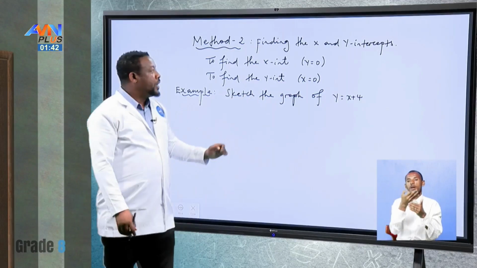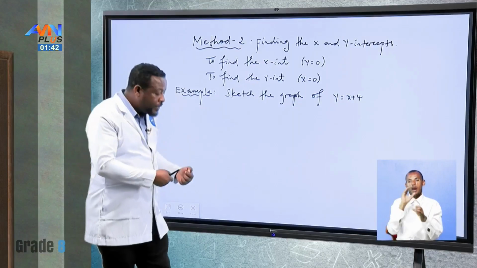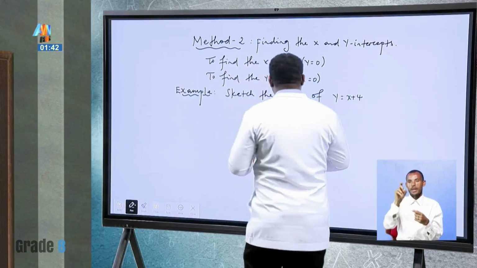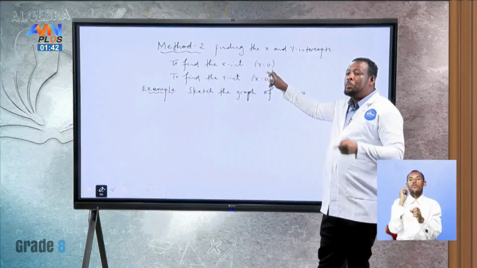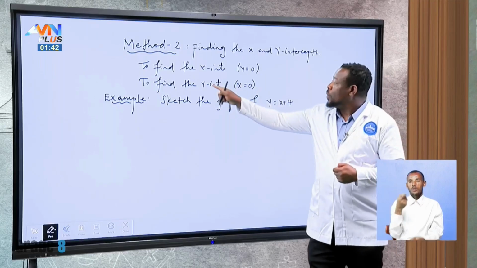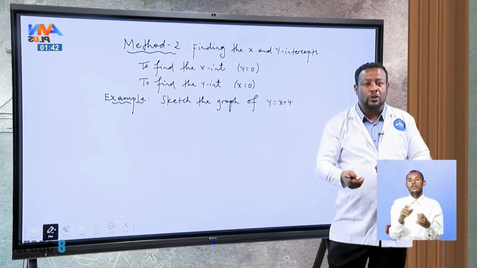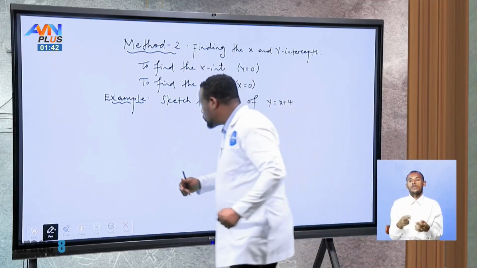Okay, here we will do two things, calculating the y-intercept and the x-intercept. Here, as I've said, to find the x-intercept, put y equals 0, and to find the y-intercept, put x equals 0, and obtain the required intercepts. So let's do it together.